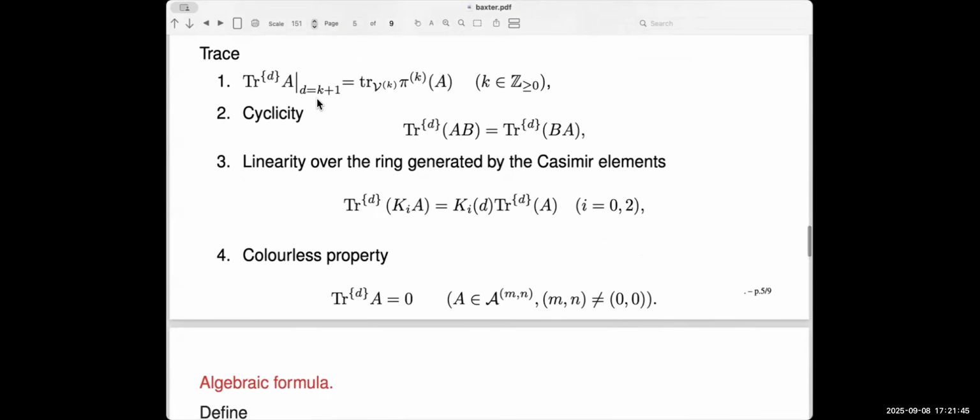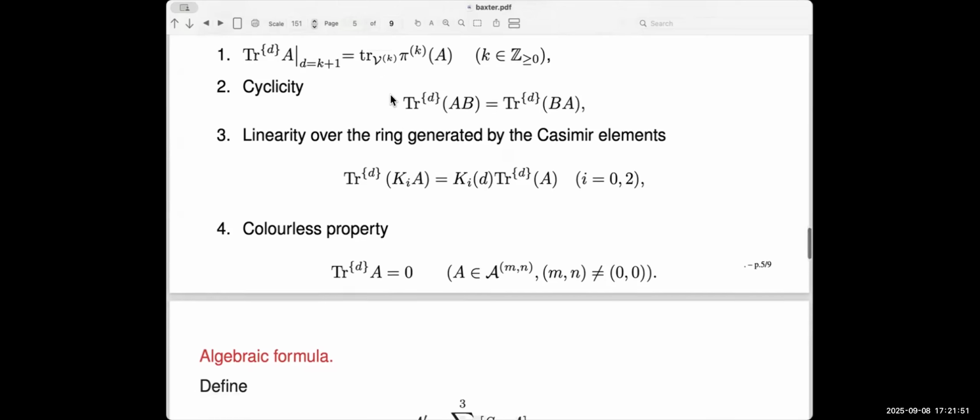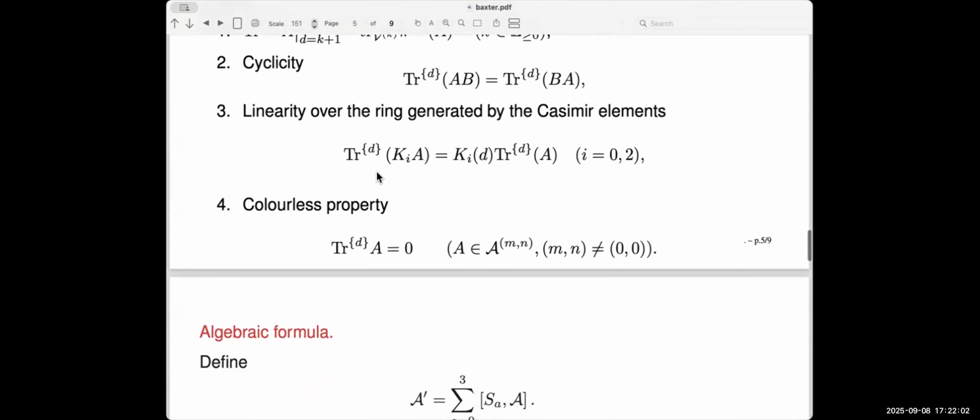So first of all, when we restrict to finite dimensional representation, it must be a usual trace. Then, of course, as any trace, it must be cyclic. And then if we multiply an element of algebra by Casimir, this Casimir goes out of the trace because it's a constant, yes.